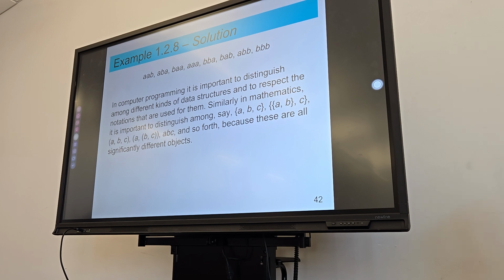And you have to remember that on quizzes and tests and homework. We will be picky about the proper notation because different notations mean different things.